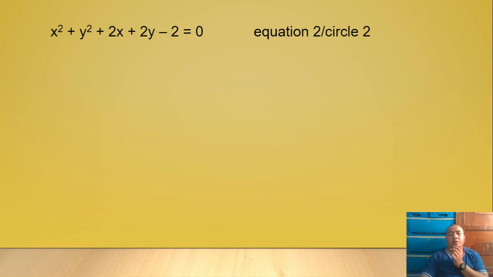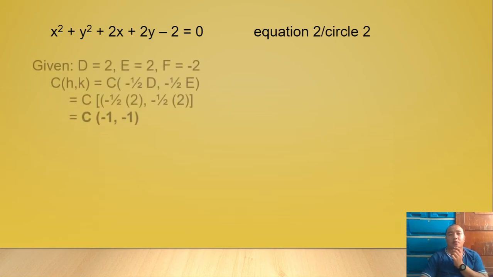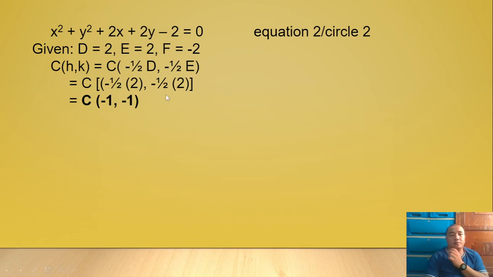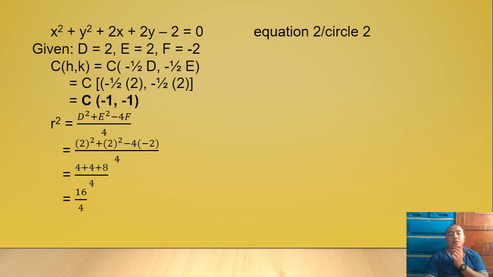Now for circle 2, x squared plus y squared plus 2x plus 2y minus 2 equals 0. What is the center? Negative 1 half D, negative 1 half E; negative 1 half of 2 is negative 1. So negative 1, negative 1 is the center for circle 2. For the radius, D squared plus E squared minus 4F over 4: 2 squared plus 2 squared minus 4 times negative 2, 4 plus 4 plus 8, the same, 16 divided by 4 is 4, square root of 4 is 2.